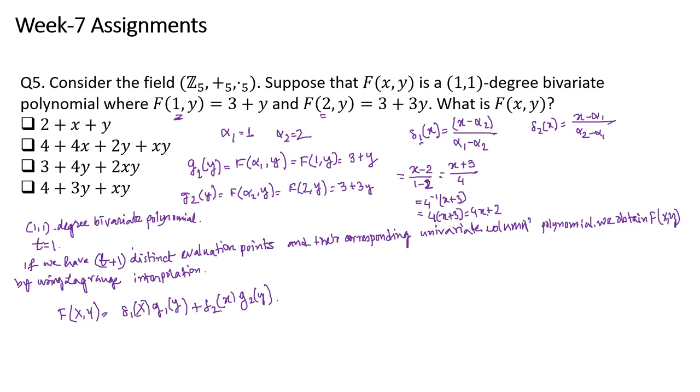So 4x plus 2. Delta 2x is x minus 1 over 2 minus 1. Minus 1 is congruent to 4 modulo 5, so this is plus 4, 2 minus 1 is 1, so this is simply x plus 4.